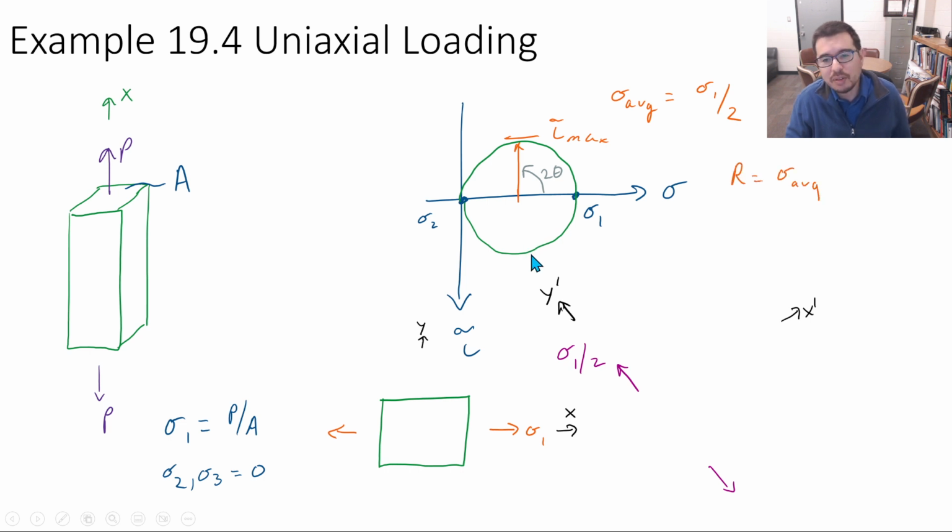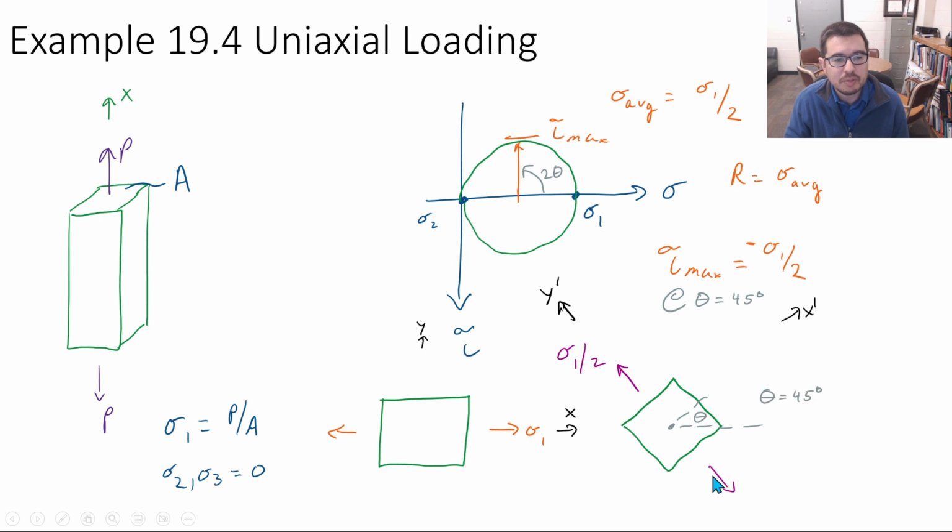We should be somewhat careful about how we do this. But if we go 45 degrees, we can say that the tau max is going to be minus sigma 1 over 2, okay? So here we have our 45-degree angle shift.